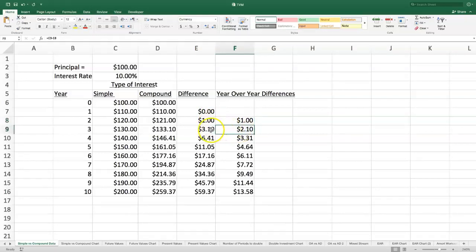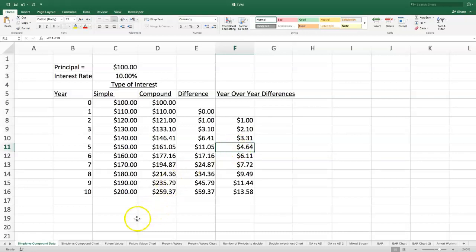From $1 to $3.10, that grew by $2.10. For the fourth year, going from $3.10 to $6.41, that's a difference of $3.31. And in the fifth year, going from $6.41 to $11.05, that's $4.64. Can you see that the differences are getting larger and larger and larger?